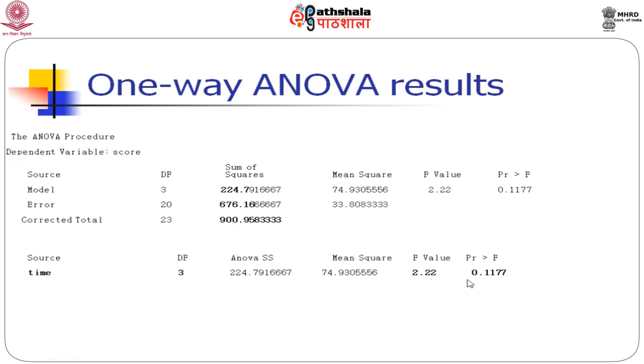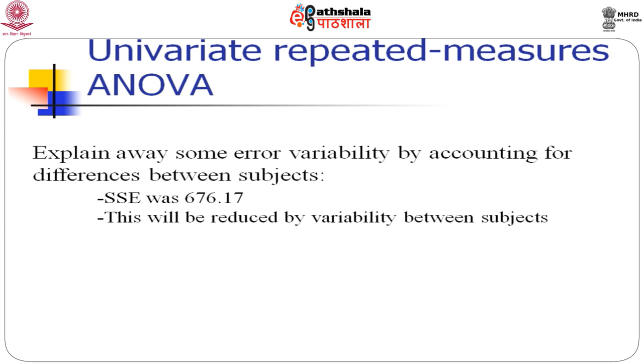So in both situations the inference is insignificant. There is no effect of time, no effect of model and other things. But we have not talked about repeated measures as yet.